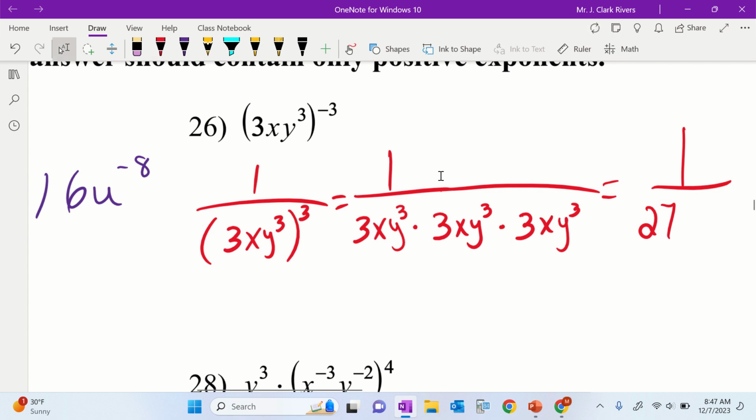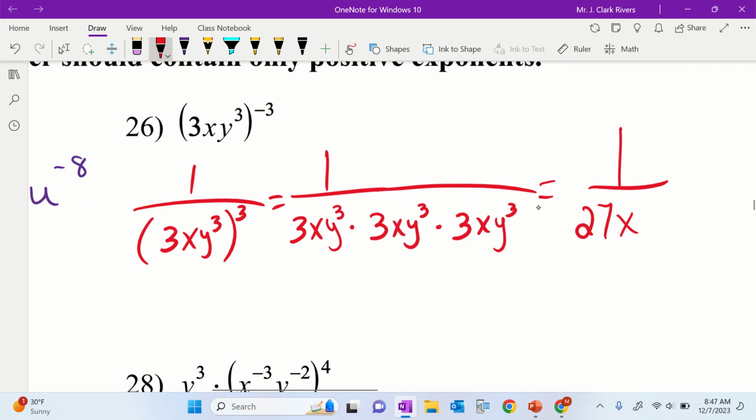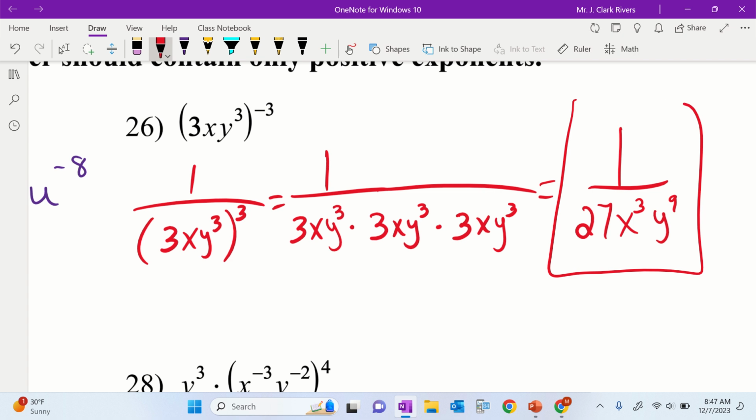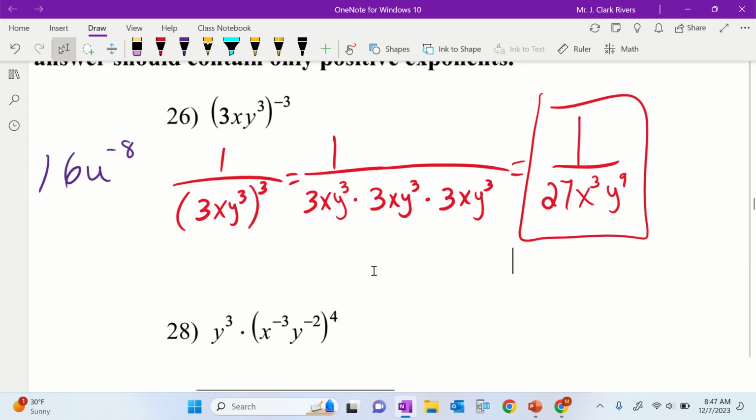X to the power of 1 times x to the power of 1 times x to the power of 1. That's x to the power of 3. Y to the power of 3 times y to the power of 3 times y to the power of 3. That's 3 plus 3 plus 3. Remember, keep your exponential base, add the exponents, and we get y to the power of 9. 1 over 27, x to the 3rd, y to the 9th.